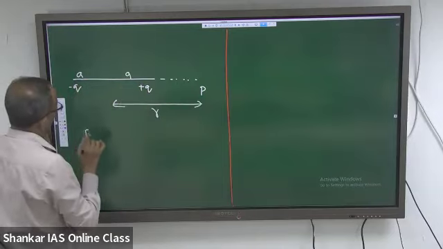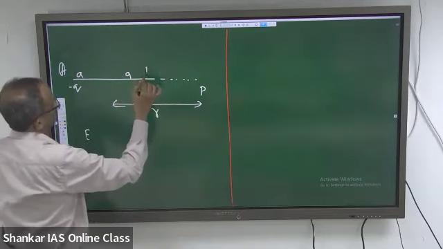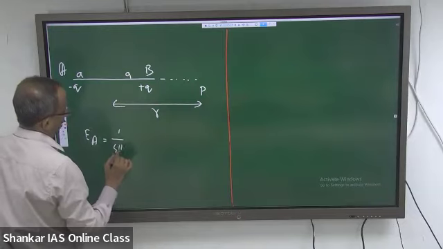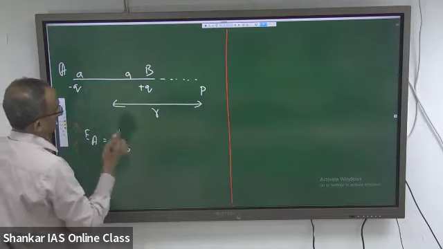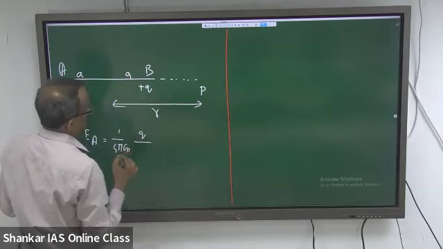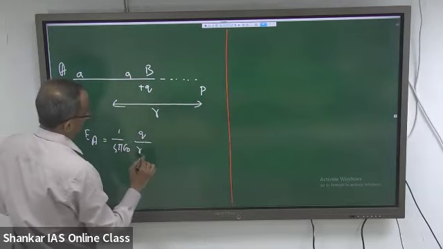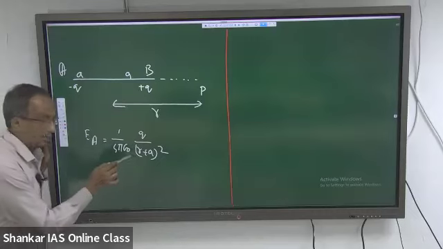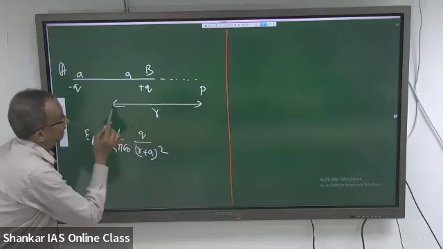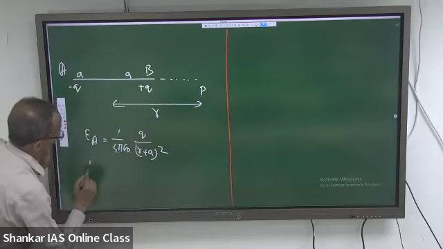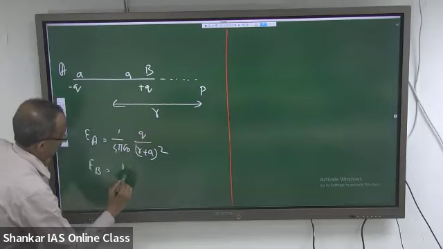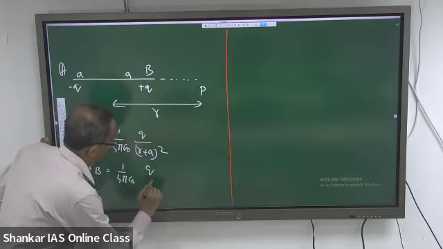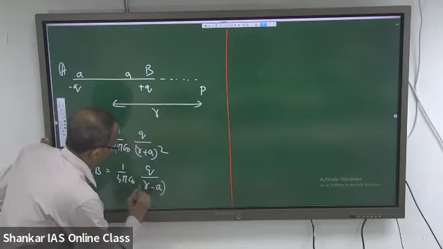Now EA, this point is A, this point is B. EA equals 1 by 4 pi epsilon naught Q divided by R plus A the whole square. Note down, here it is R plus A. EB equals 1 by 4 pi epsilon naught Q divided by R minus A the whole square.